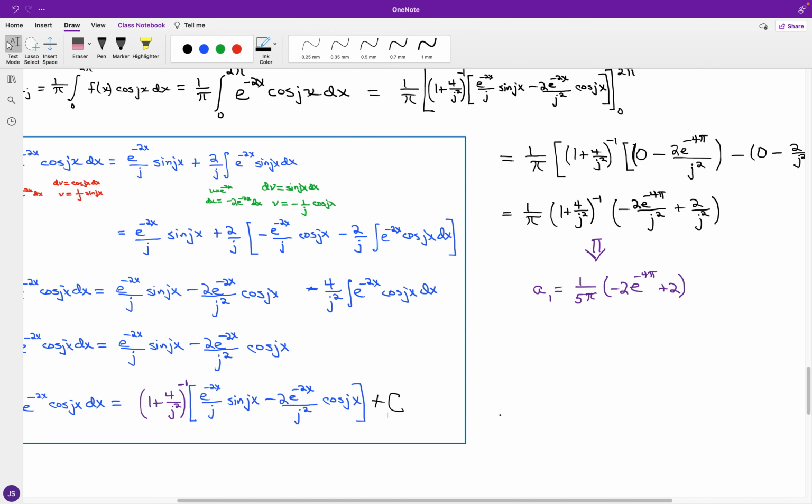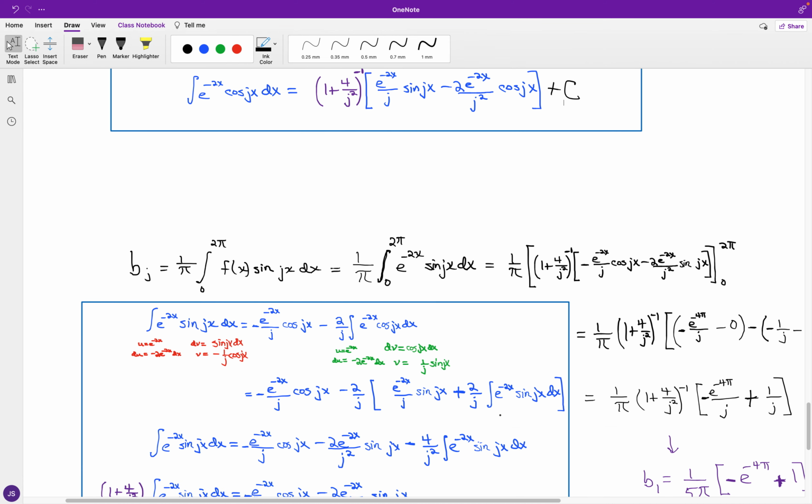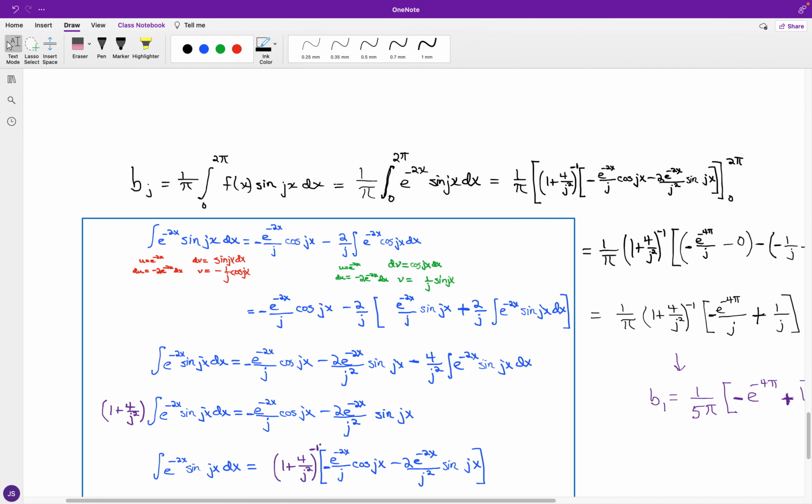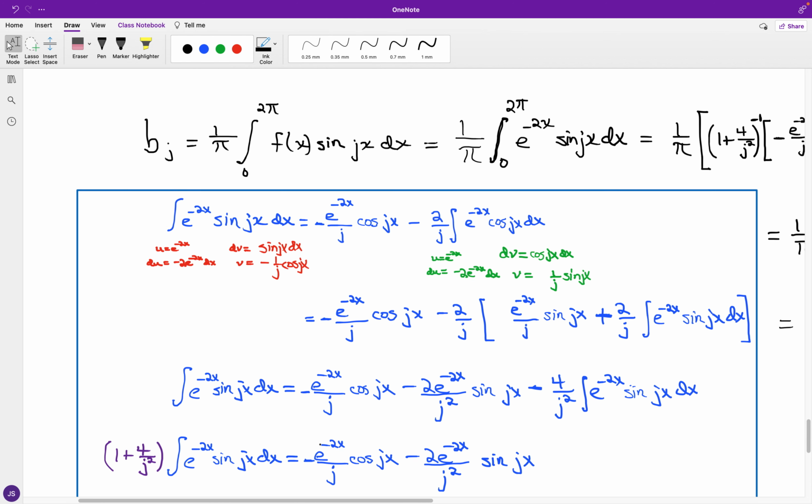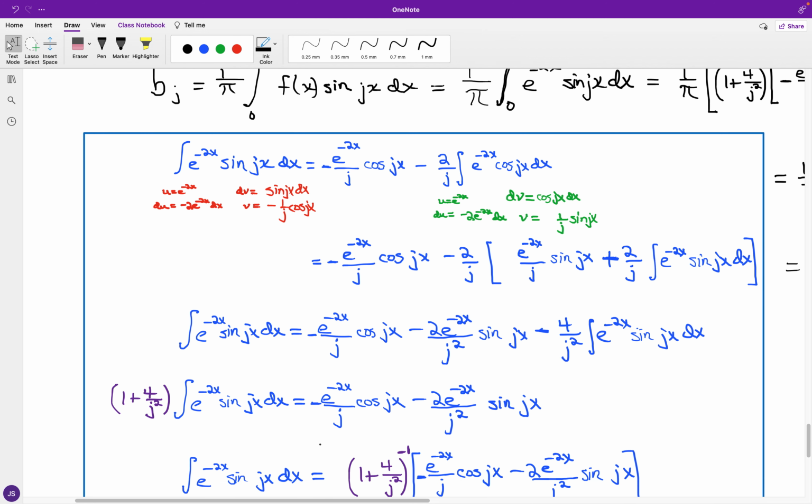And for the b sub j terms, again, integration by parts, where I have interaction between e to the negative 2x and the sine of jx. And again, we have the same kind of follow through, where you're going to have repeating integrations by parts, and you're going to have like integral terms, those involving e to the negative 2x, sine of jx dx.